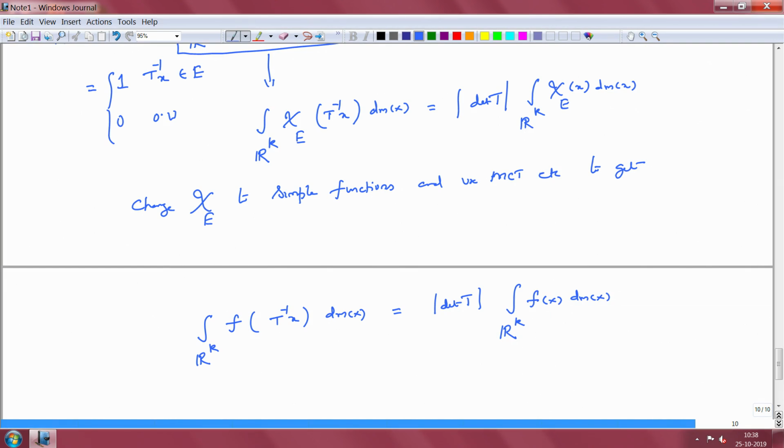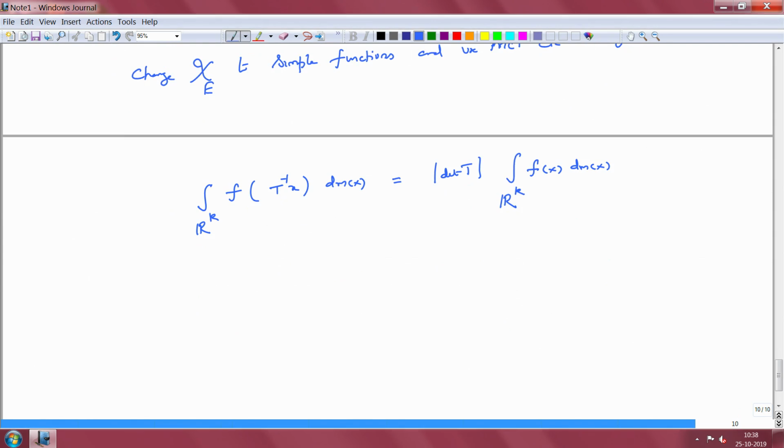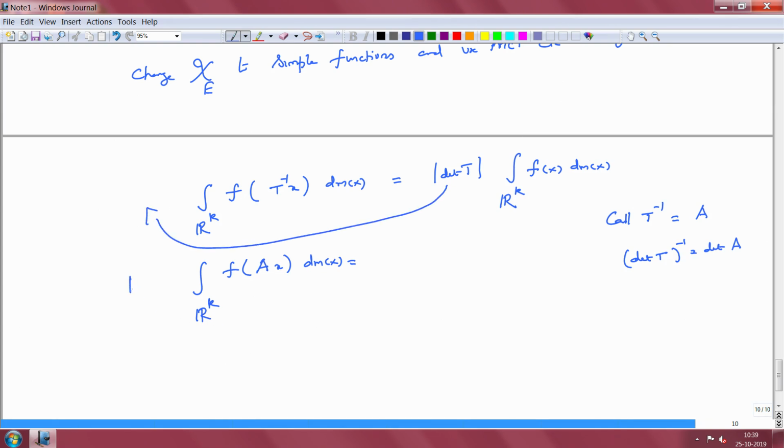Maybe write it in a slightly better form. Call T inverse something else: call T inverse equal to the linear transformation A. Then we have the integral over R^k of f of A x dm(x) equal to the determinant of T times the integral of f. Since T inverse is equal to A, the determinant of T inverse is equal to the determinant of A. So I can take this to the side and get the modulus of the determinant of A times the integral over R^k of f of A x dm(x) equal to the integral over R^k of f of x dm(x).